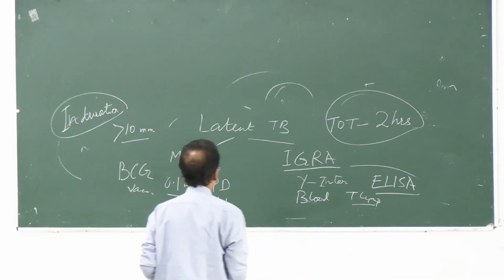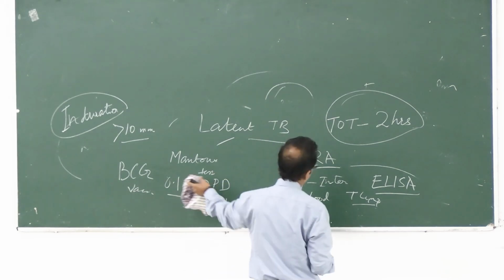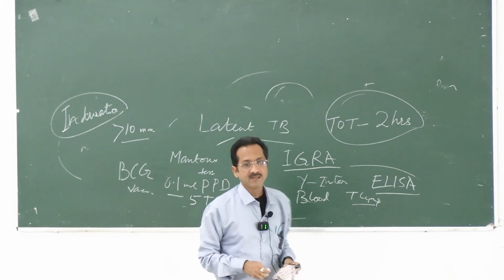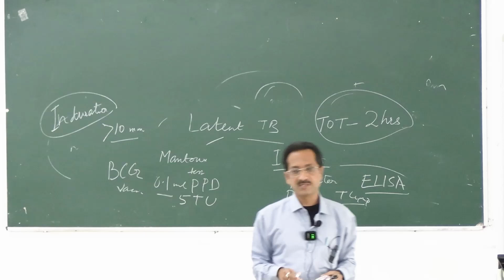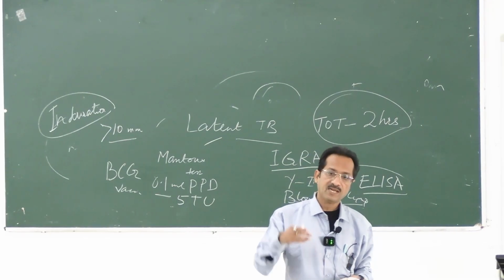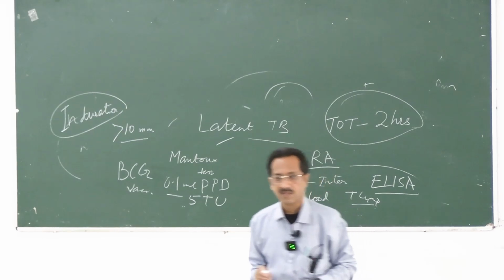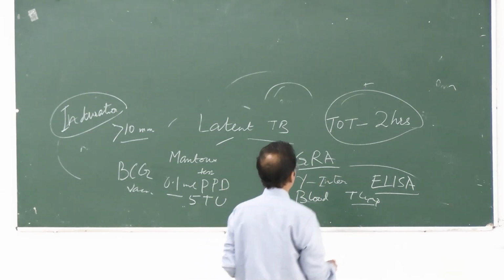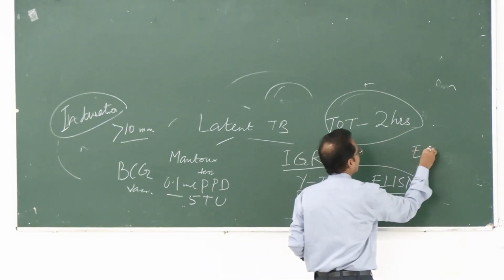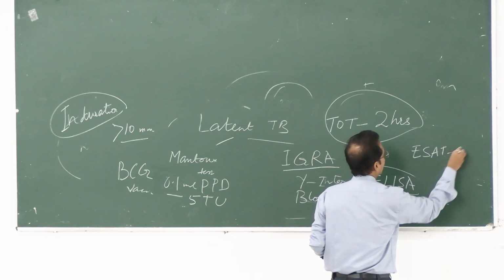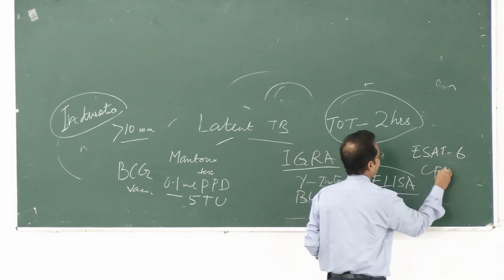So that is another advantage, but it is costly, it is not cheap in the Indian context. Still we use Mantoux. In other developed countries, they mostly use the IGRA. And they check specific tubercular antigens, ESAT6 and CFP10.